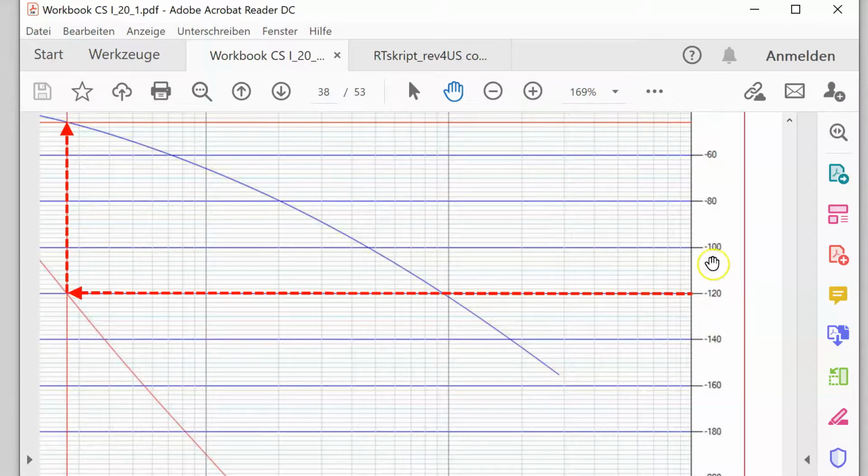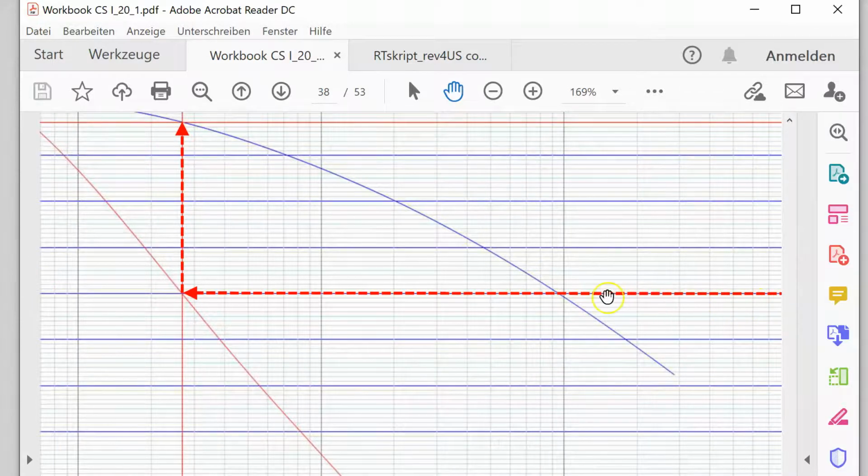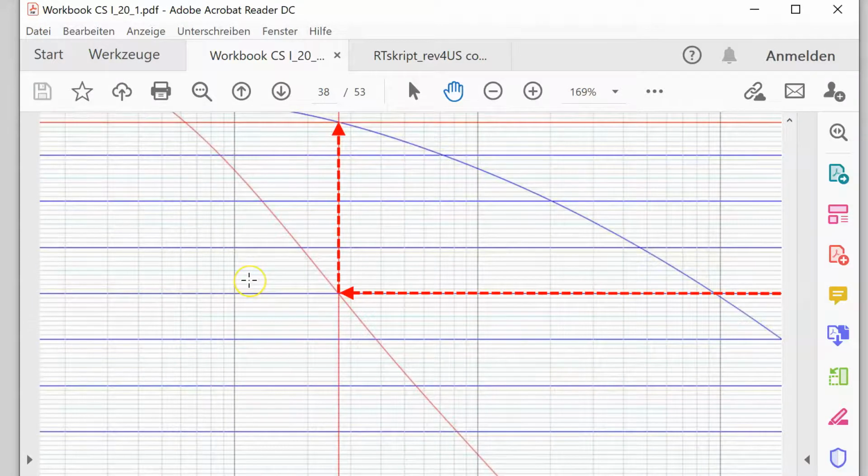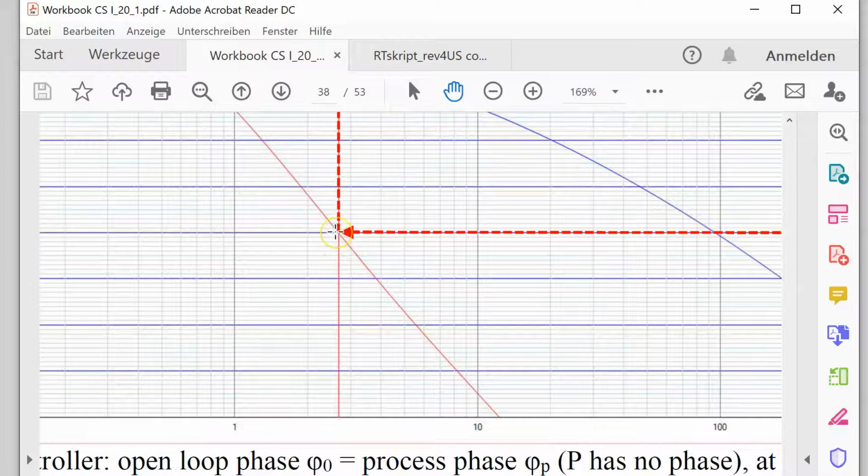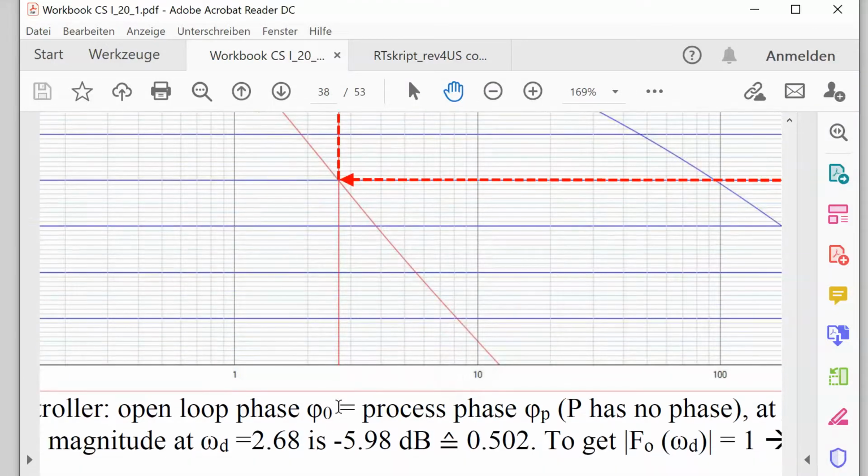At minus 120, now I find the cross point with this phase curve. The phase curve is red, and the cross point exactly defines my crossover frequency. So at once, if I select the phase margin, I can find out the crossover frequency. If this is 1, this is 2, this is 3, 4, so this is around about 2.7. If I exactly calculate this, I end up with 2.68.